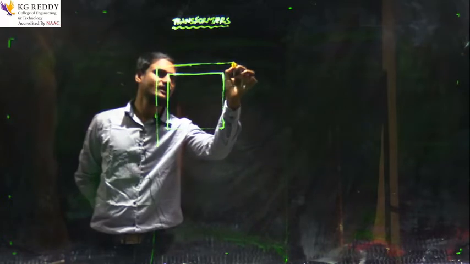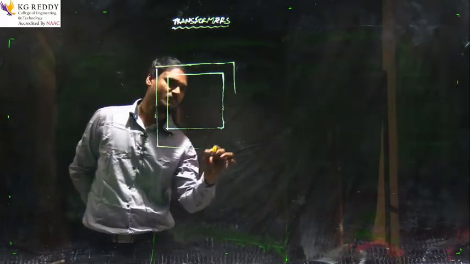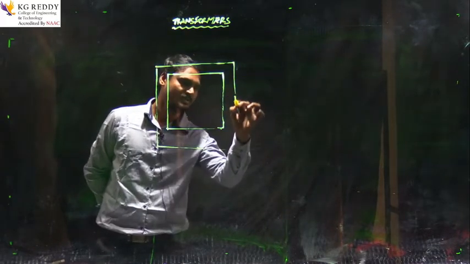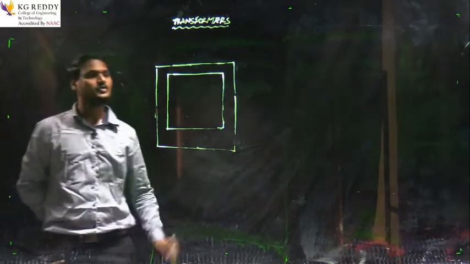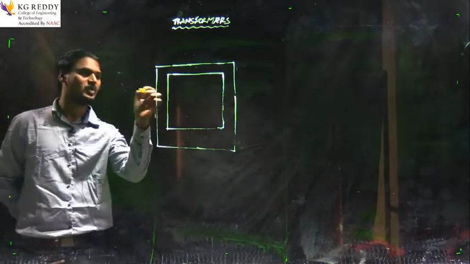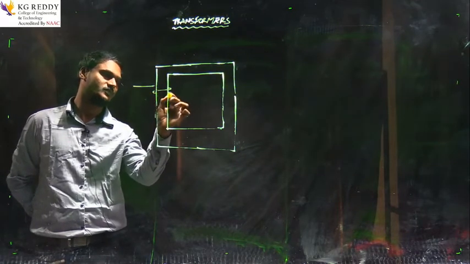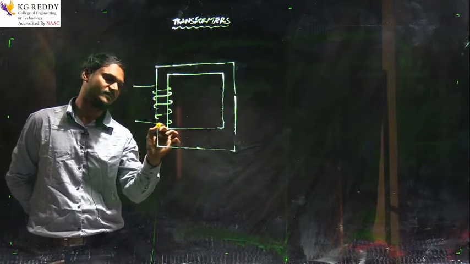Without a medium, we cannot send that electrical power from one circuit to another circuit. So this will be the magnetic core. On this magnetic core, we need to wind the primary winding and the secondary winding.